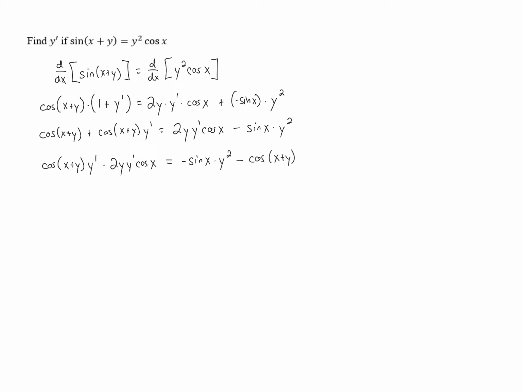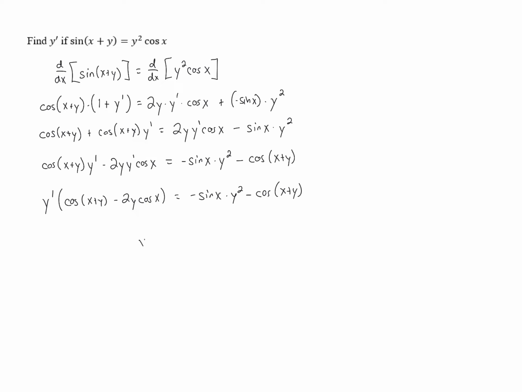Now, to isolate y prime, we need to factor out the y prime from the terms on the left. So that's going to be y prime times cosine of x plus y minus 2y cosine of x. And that equals negative sine of x times y squared minus cosine of x plus y. And then to get the y prime alone, we divide both sides by the whole thing in parentheses.